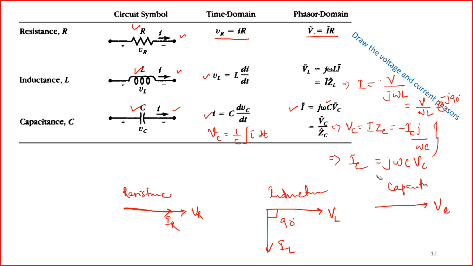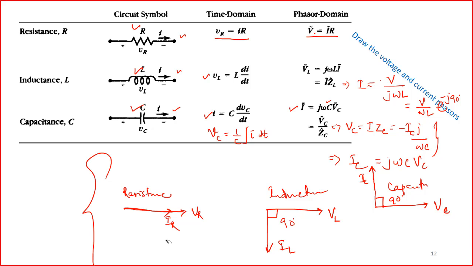So if I plot this current, it will be 90 degrees leading Vc. Therefore, for a capacitive element, the current is leading the voltage by 90 degrees. For an inductive element, the current is lagging the voltage by 90 degrees, and for a resistive element, the current is in phase with the voltage.